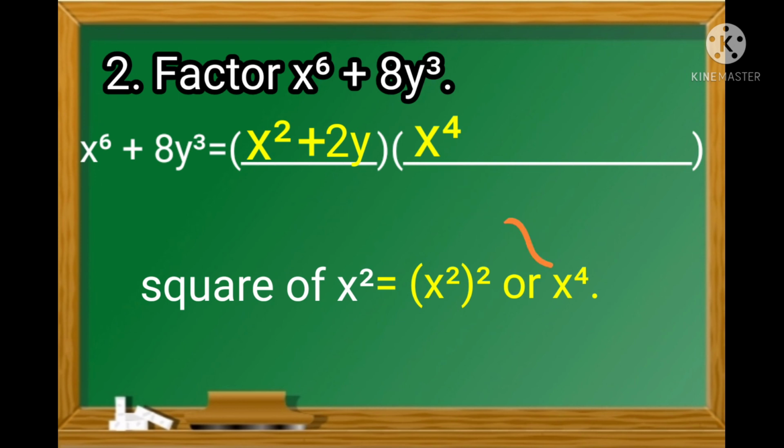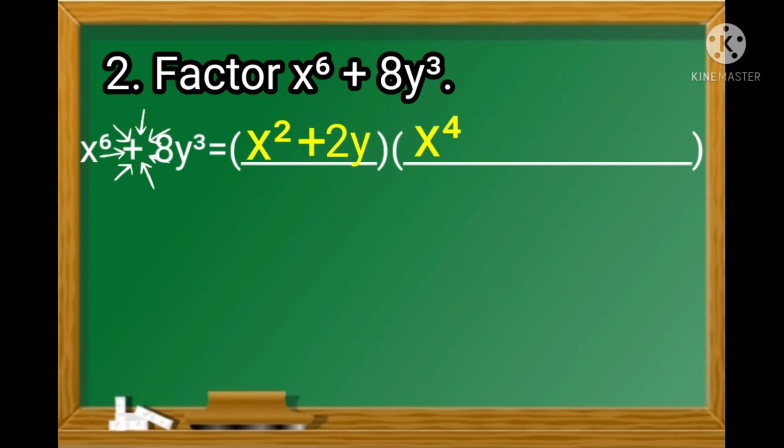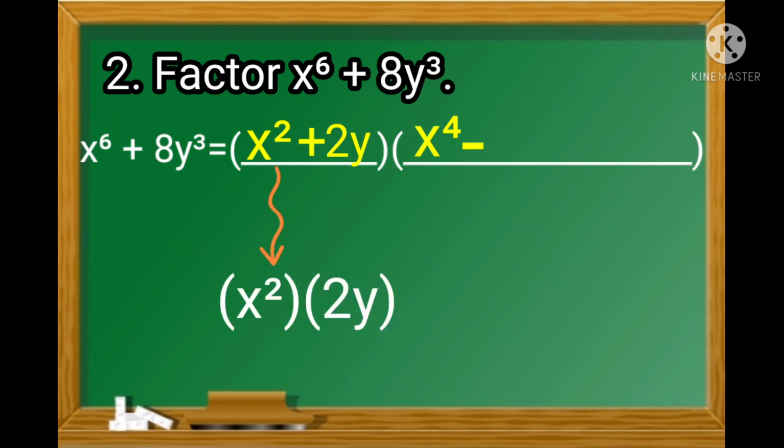Since in the example the given sign is plus, we will use its opposite sign, which is the minus sign. Then we will get the product of the first term, x squared, and the last term, 2y. That is x squared times 2y, and the product is 2x squared y.